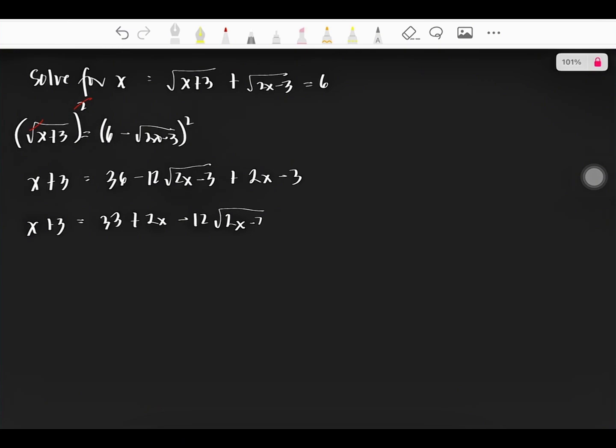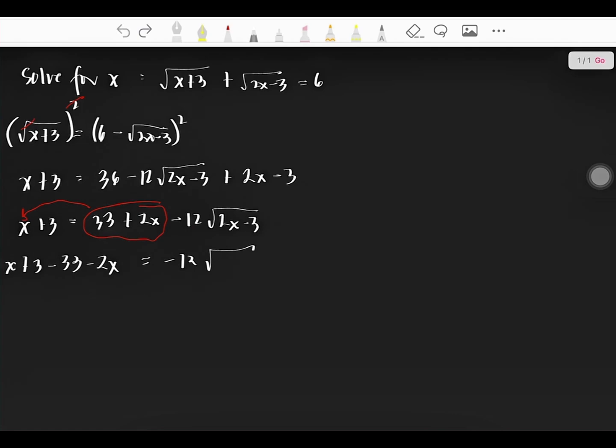So again, let's transpose everything to the left, aside from the term with the square root. Now we have x plus 3 minus 33 minus 2x is equal to negative 12 square root of 2x minus 3.